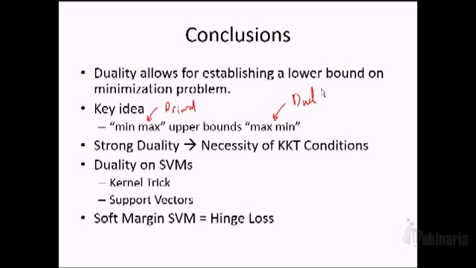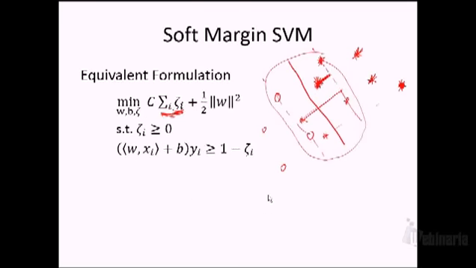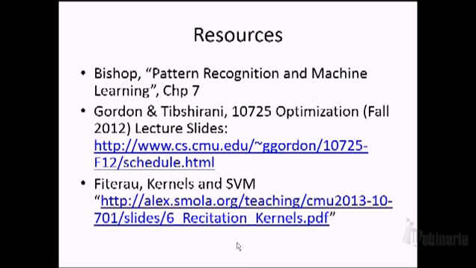We have seen duality on SVMs, and we've seen that the dual formulation allows for applying the kernel trick, and that due to complementary slackness, the model actually uses a small set of support vectors rather than using the entire training data to classify new points. We have also seen soft margin SVM, and we have seen that it's equivalent to minimizing hinge loss with a regularization term on the square norm of W.